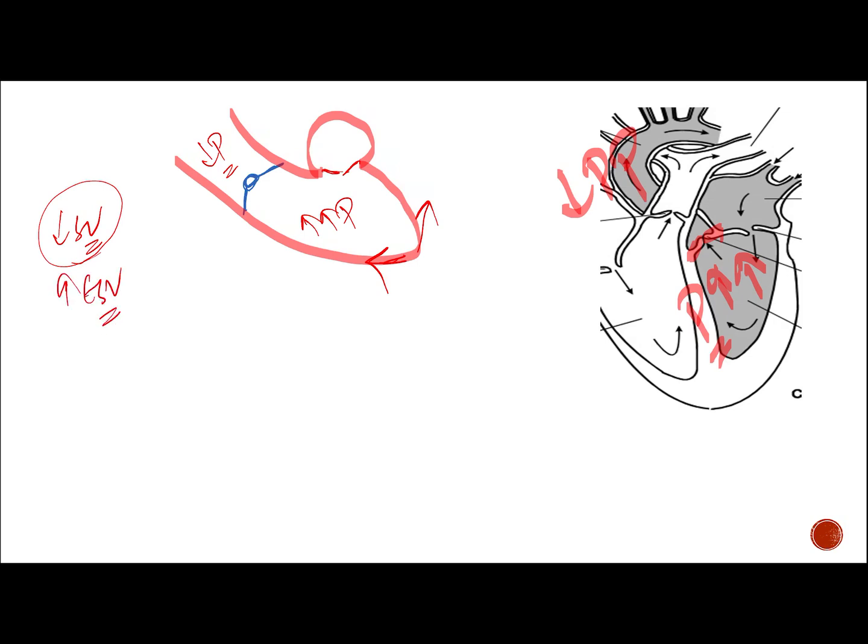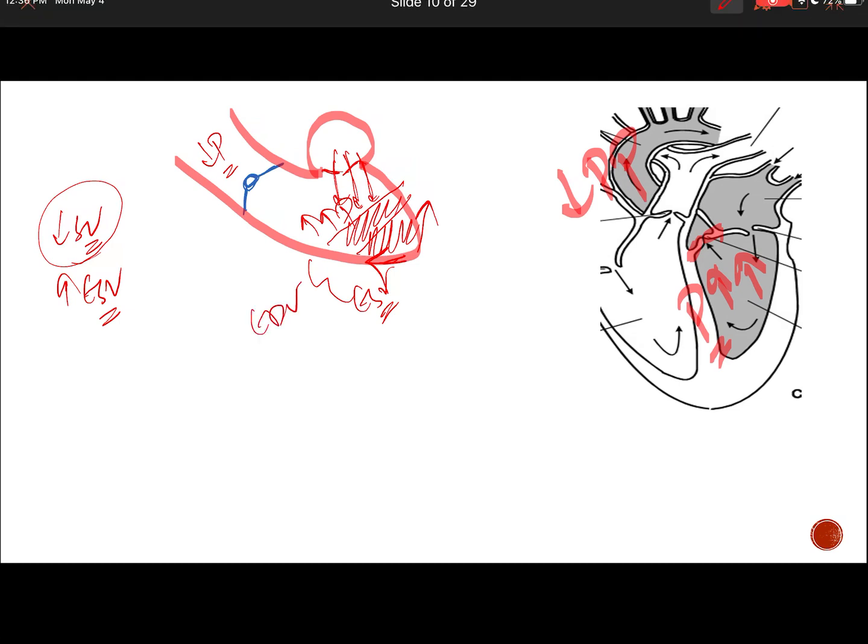That means if low volume is getting transferred from the ventricle into the aorta, at the end of systole there will be increased volume in the ventricle. And after the systolic phase there will be the diastolic phase, where there will be filling from the atrium, and that will eventually lead to an increase in end diastolic volume.